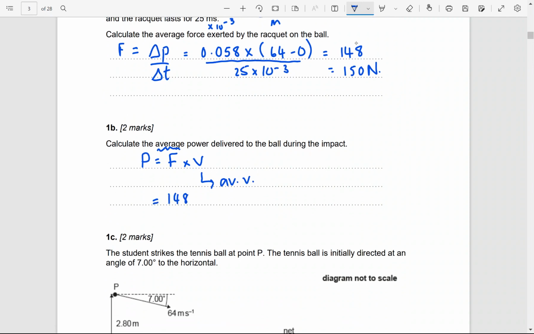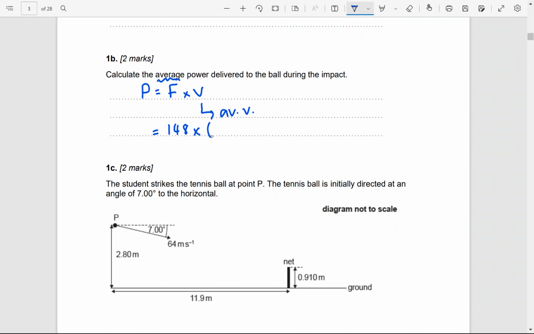So I'm going to substitute in my calculation, 148, so that I'm not making my number more and more out of whack. And then multiplied by, if I was to do it properly, what I would actually write is 64 plus 0 divided by 2, which we all know is 32, but I'm just going to work it out properly.